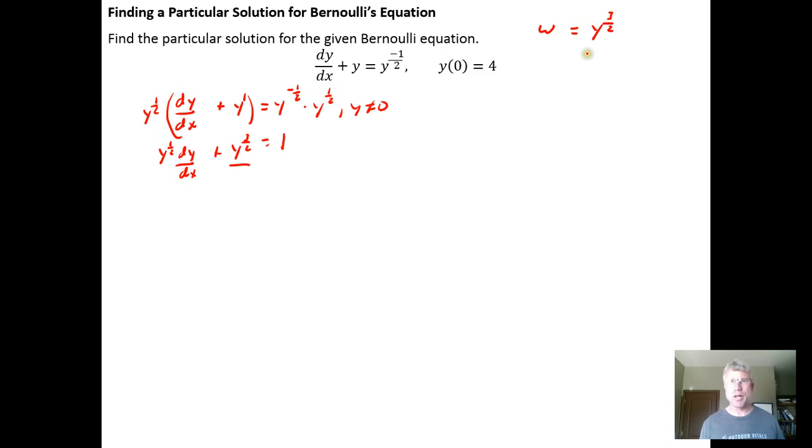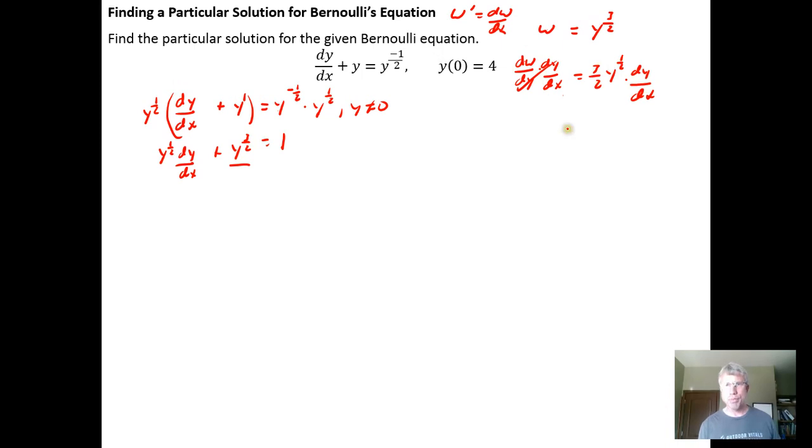Then we need to figure out what w prime, which is dw/dx, equals. So I'm going to take the derivative of w, dw/dy with respect to y, times the derivative of y with respect to x. So we get dw/dx equals, taking the derivative with respect to y, 3/2 y to the 1/2, times the derivative of y with respect to x.